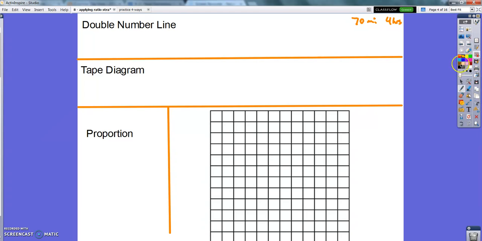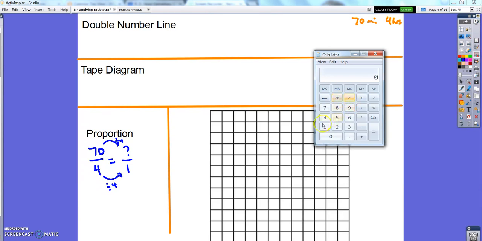All right, so I'm going to pick a favorite strategy first. A lot of times I have the easiest time just personally finding the answer with a proportion. So I know if she rides 70 miles in 4 hours, that's the same as riding how many in 1 hour. And so I'm dividing my hours by 4. So I need to divide my miles by 4, which I will do with my calculator.